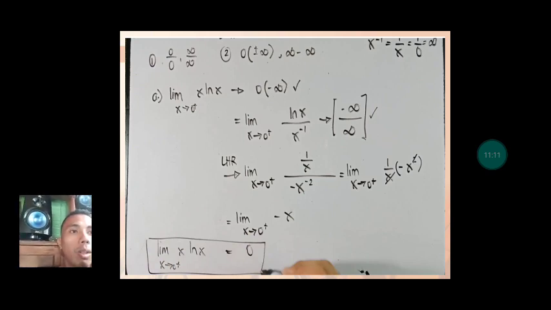So they cancel out. x approaches 0 from the right. As you can see here, we have the reduced answer for the limit as x approaches 0.